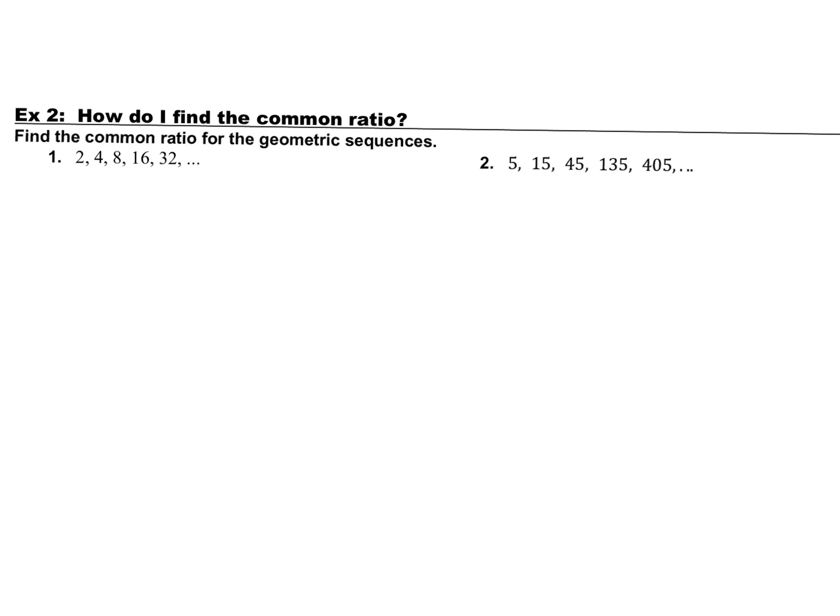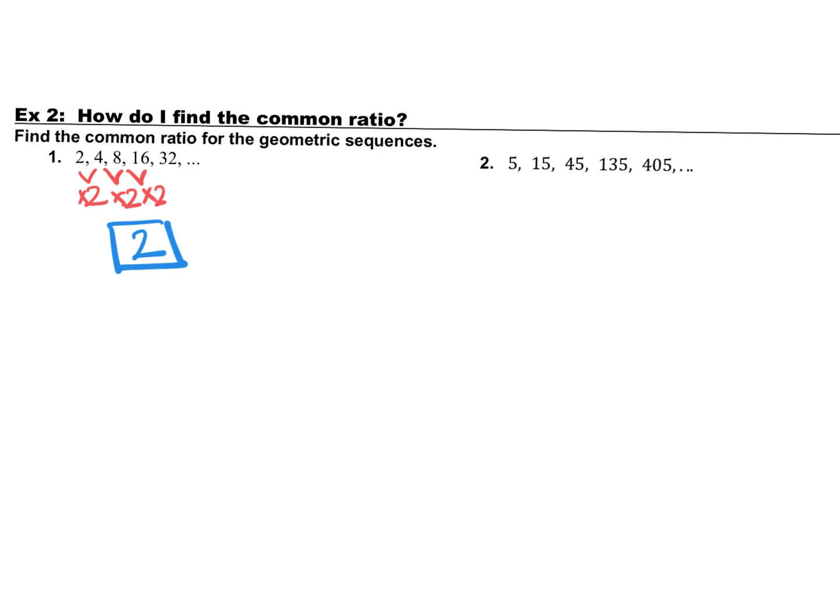The ones we're looking at here are a little bit more obvious than some of them that we're going to get. If I look at this, notice how I'm going from 2 to 4 to 8 to 16 to 32. So it appears that we are multiplying everything by 2. So that means that the common ratio is 2.